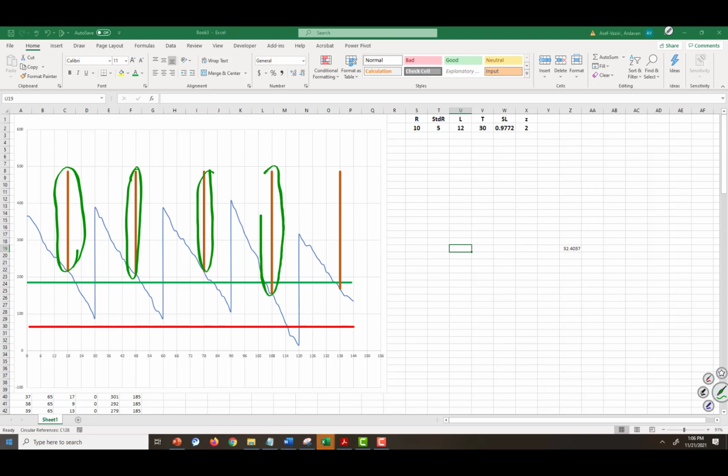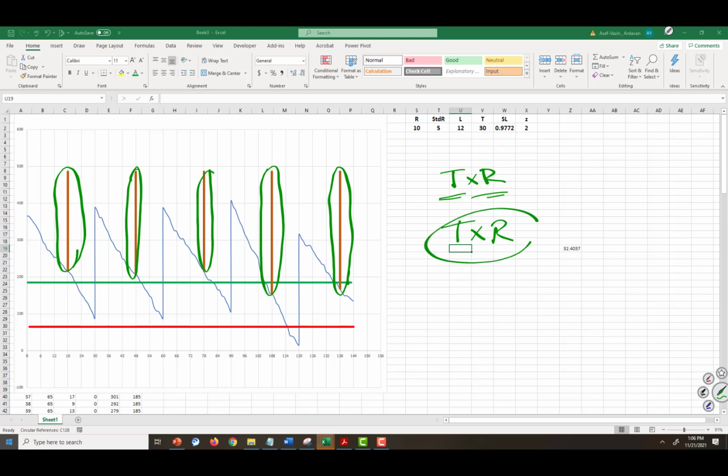But here, it is more than demand during 30 days, and here, it is more than demand during 30 days. Sometimes it is less than demand during 30 days. Sometimes it is more than demand during 30 days. So on average, it is demand during 30 days.